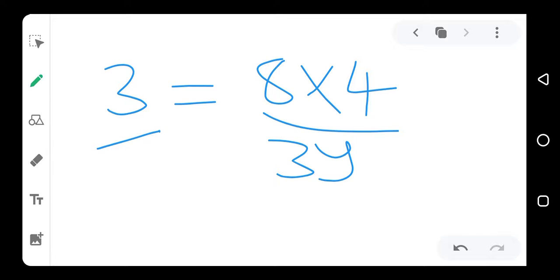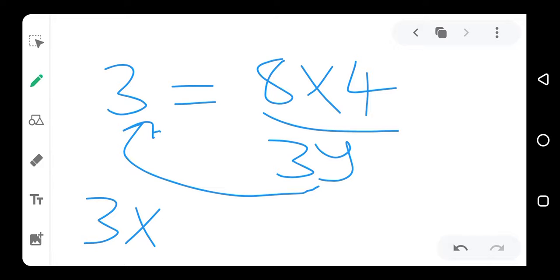We can still leave it. Now this one here is under as a division. If it is coming to this side, to meet this one, it becomes a multiplication. So we have 3 times 3y is equal to 8 times 4. 8 times 4 is 32.